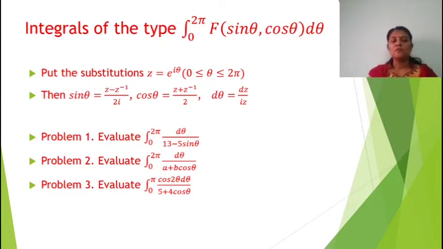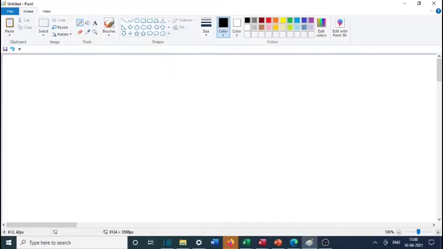First problem is evaluate integral 0 to 2 pi d theta by 13 minus 5 sin theta. This is the problem. So here the sin theta term is there, all terms are real, and the integral is from 0 to 2 pi.